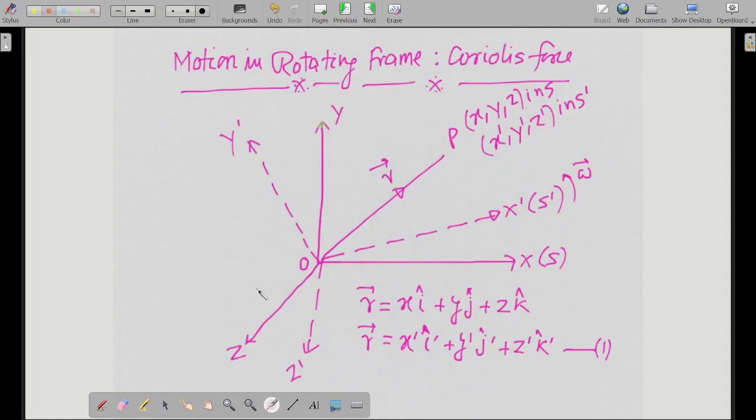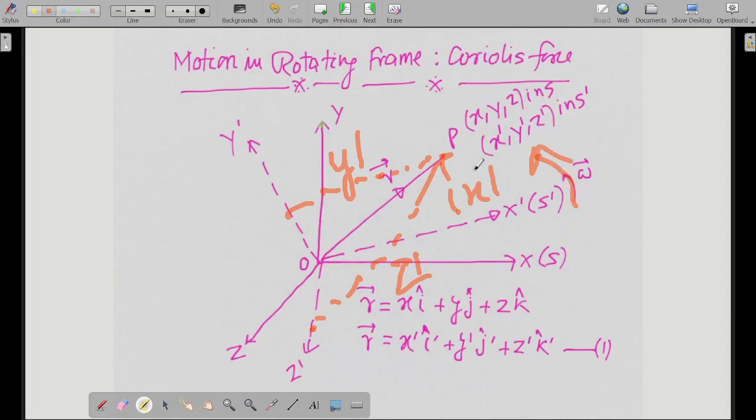These coordinates will keep on changing, because x prime is the distance from here, y prime is the distance from here, and z prime is the distance from this particular axis. As the frame is rotating like this, x prime, y prime and z prime will change with time.